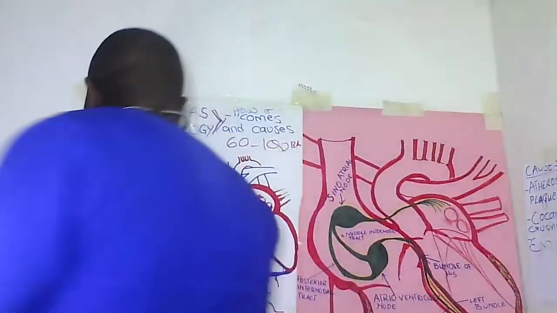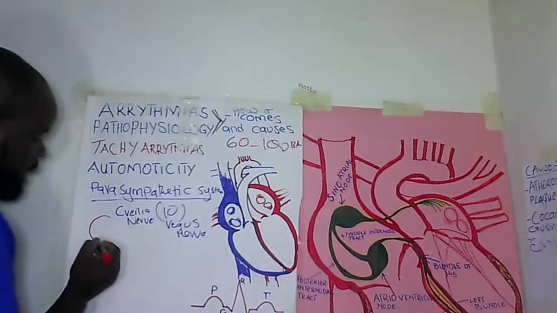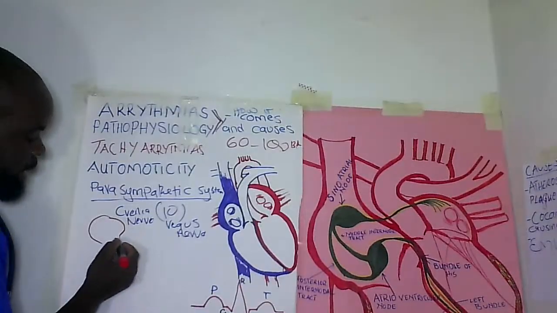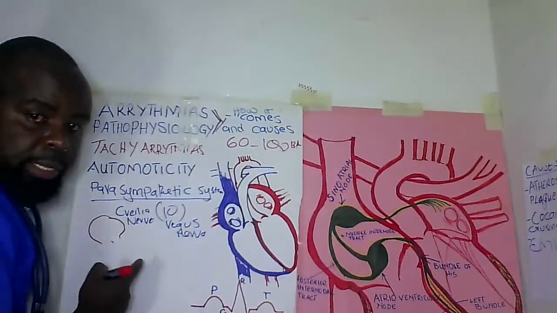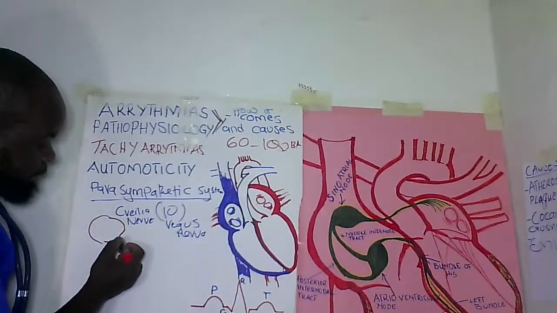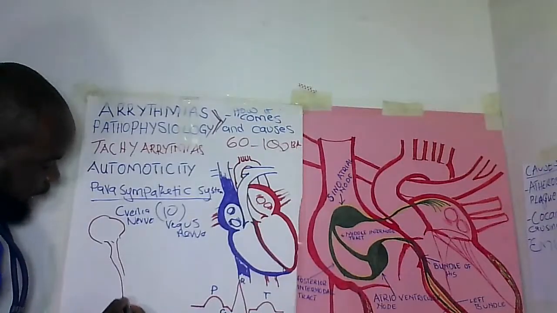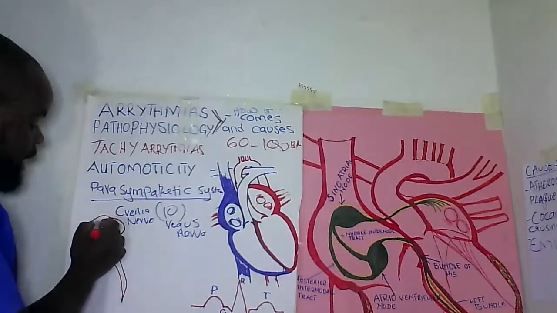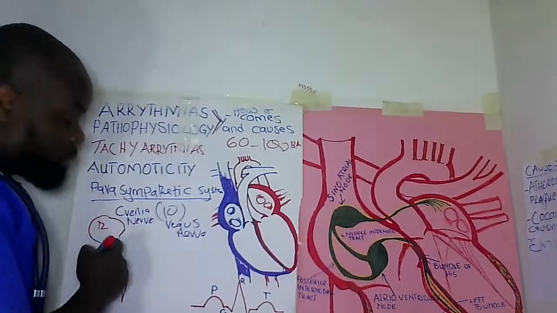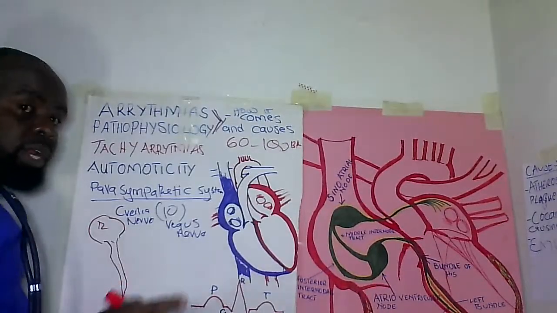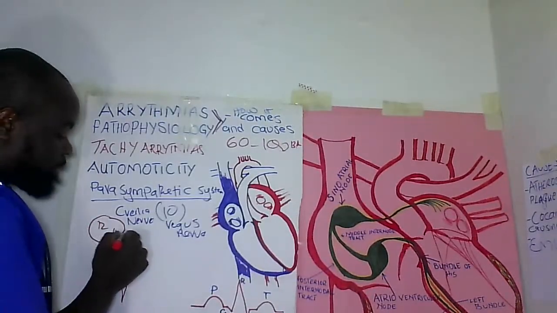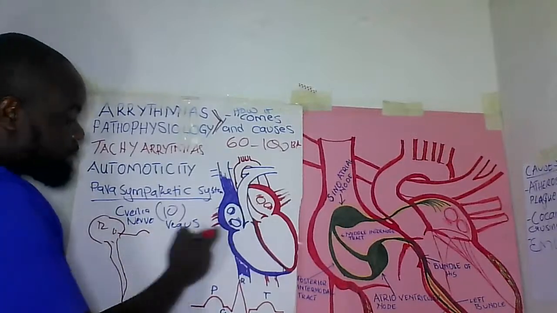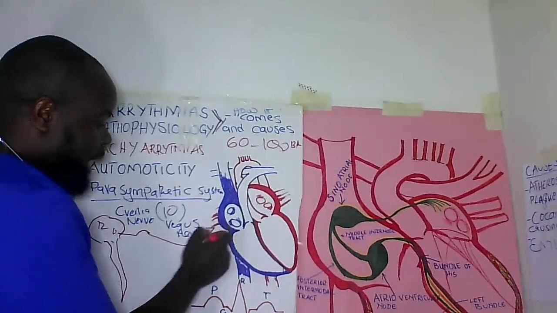Now, we check. This is your head, the brain. And then we have the spinal cord. If you have the brain and the spinal cord, we have 12 cranial nerves in your brain. The one we are dealing with is the 10th, the vagus nerve, and it comes to attach to the heart.